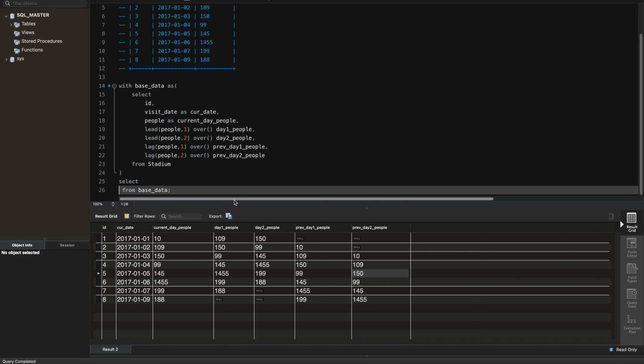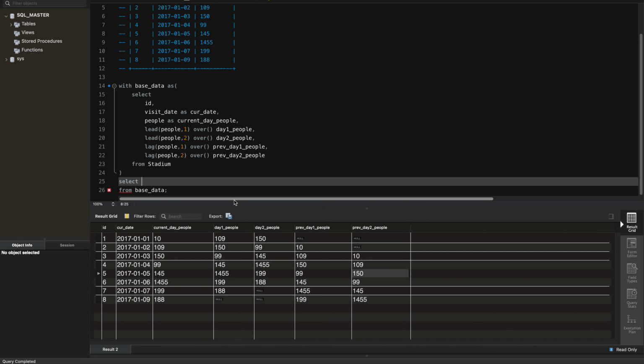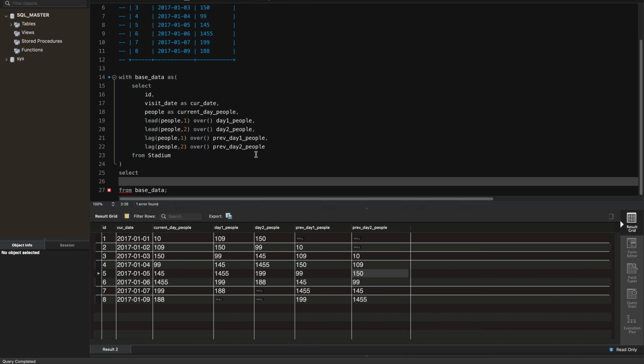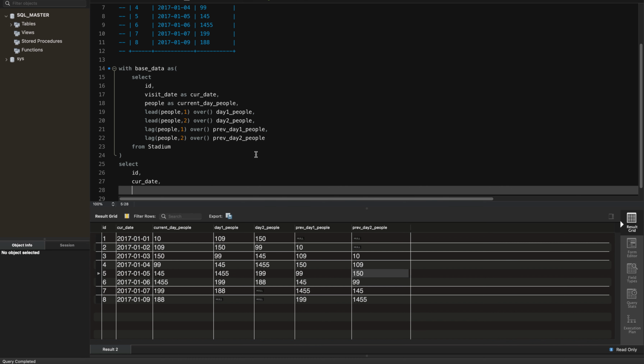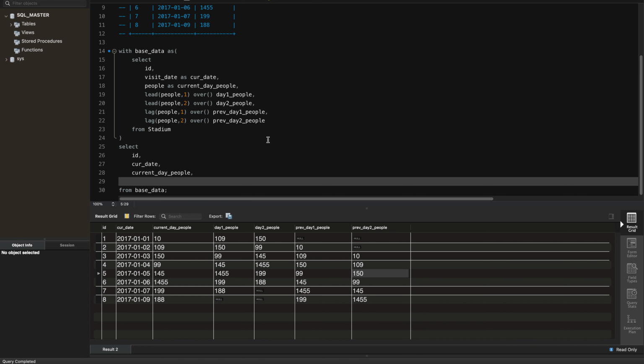So here what we'll do, let's select ID, current date and current day people.